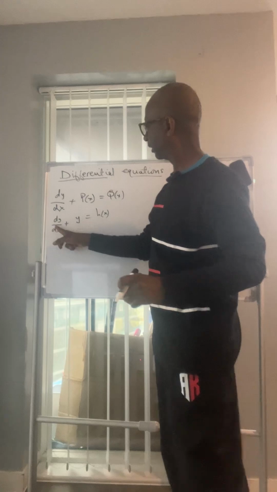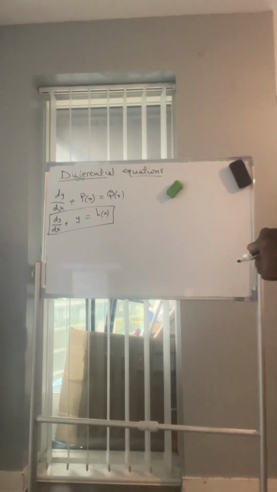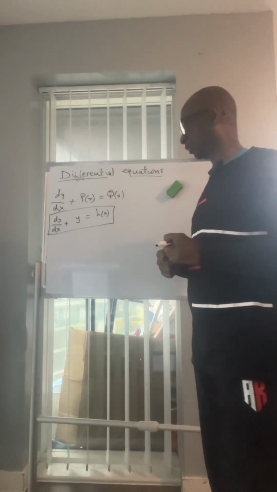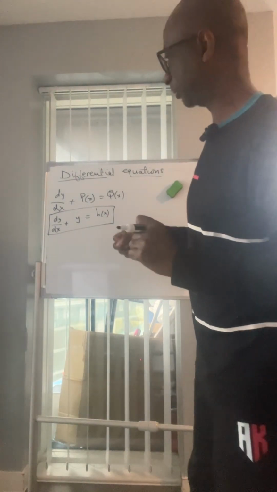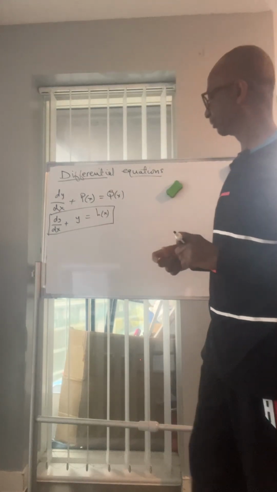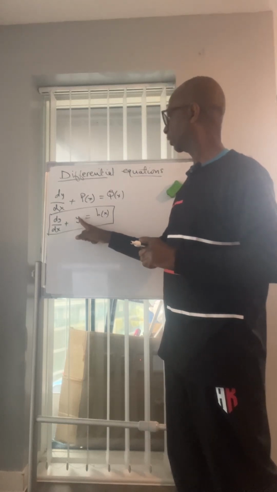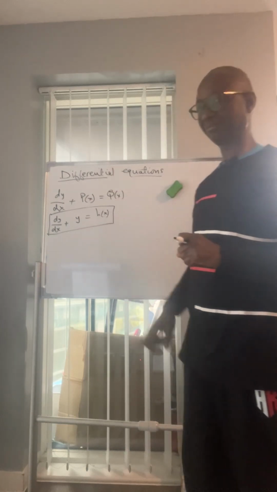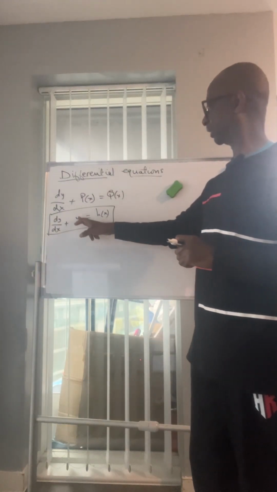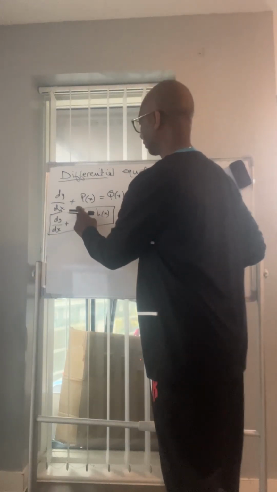Now let us look at this one here. Let us classify this. This is a linear differential equation. Why is it linear? Because the dependent variable y is raised to the power of 1. This is 1. We don't write 1 here.